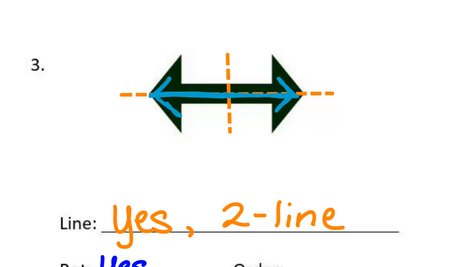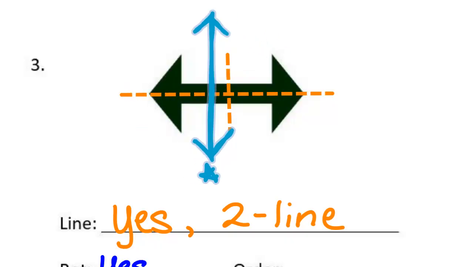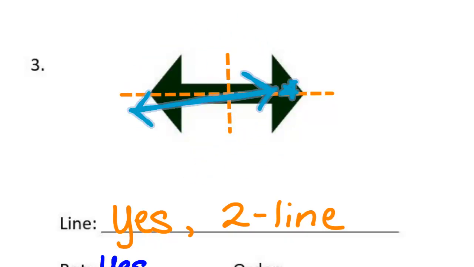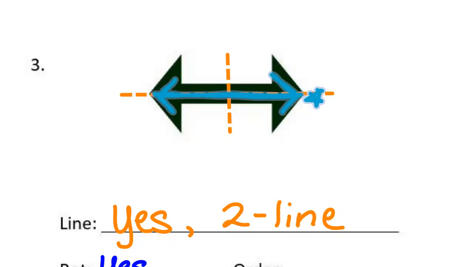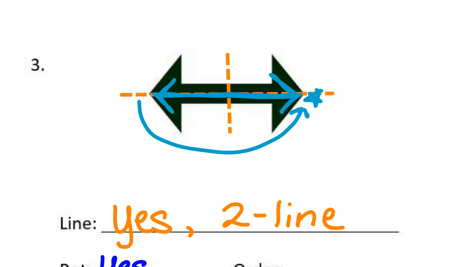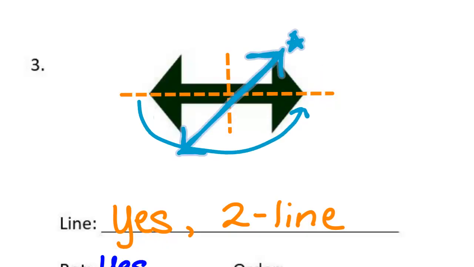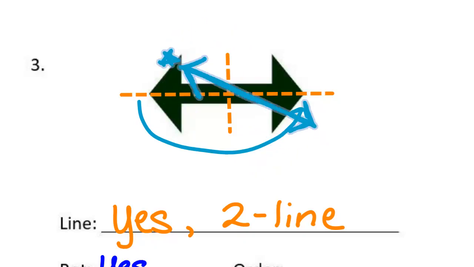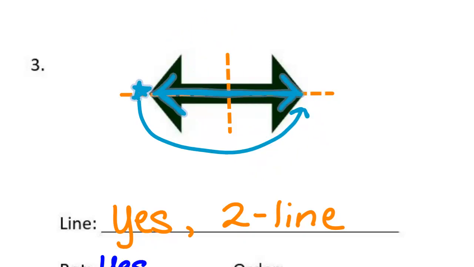So I'm just going to kind of trace over it here, starting from right here. I'm going to rotate this around. Lands on top of itself here. So I can come around this way. And then I can take it the other halfway around. It doesn't land on top of itself until I get back to where I started.